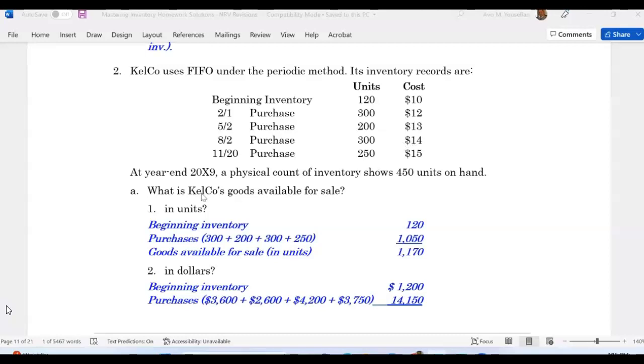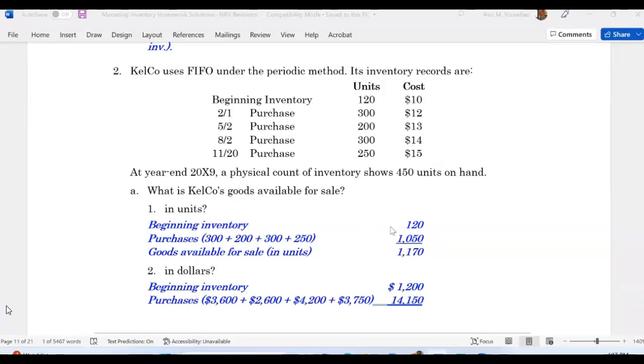Okay. At the year end of 2019, a physical count of inventory shows 450 units on hand. What is Calco's goods available for sale? Okay, so in units and then in dollars.